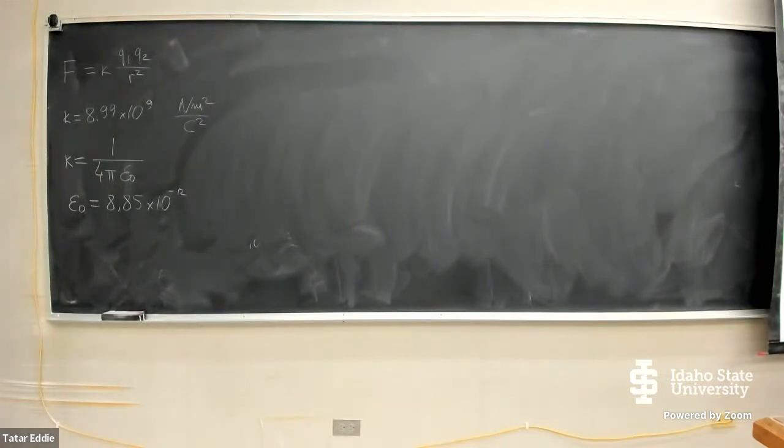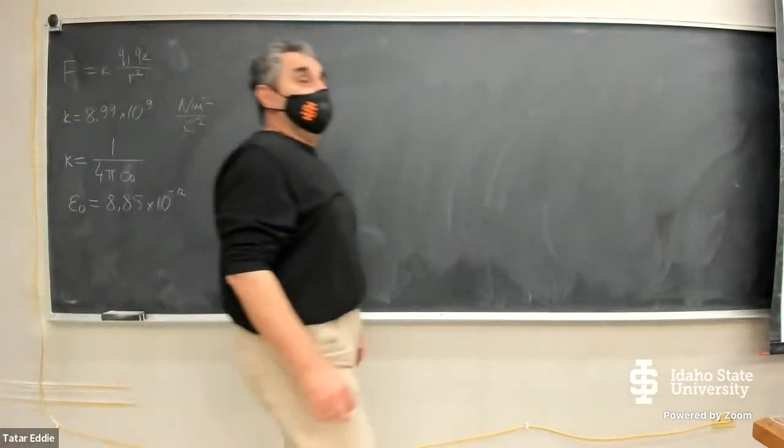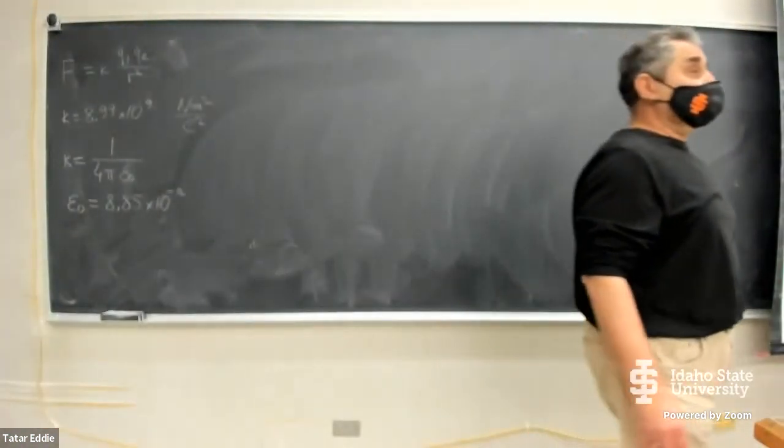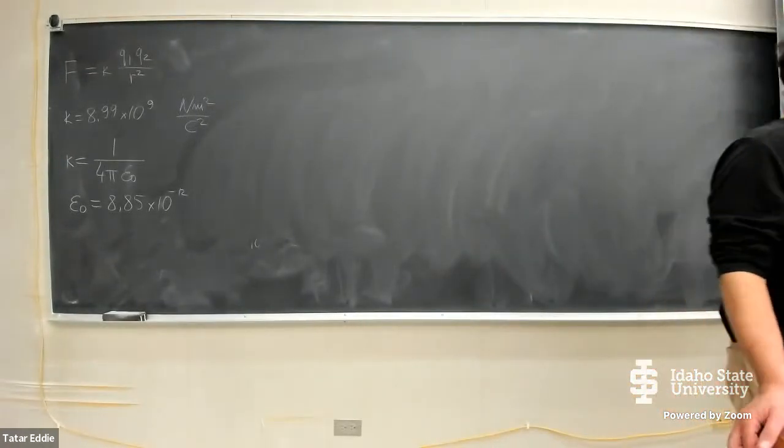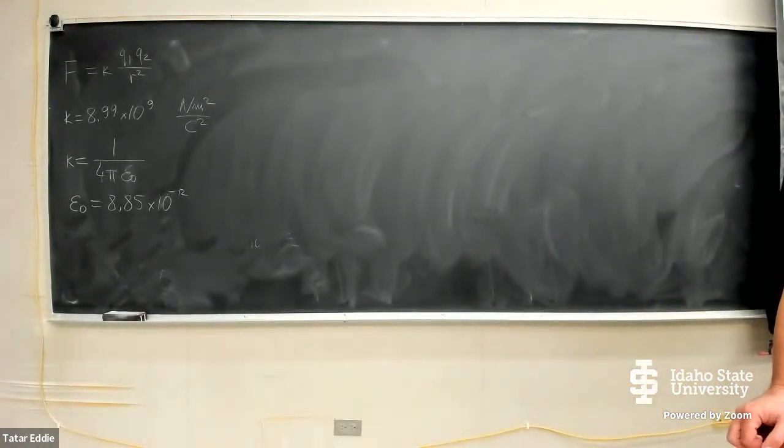Epsilon naught is universal constant of nature, describing electric properties of empty space, of vacuum. And that constant is called electric permittivity of vacuum. Universal constant of nature.